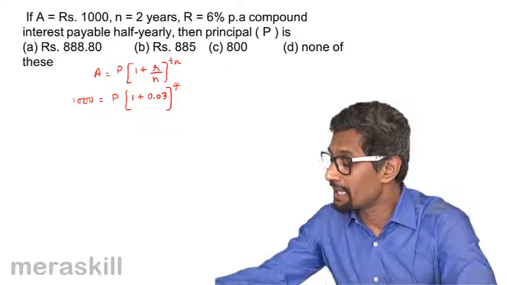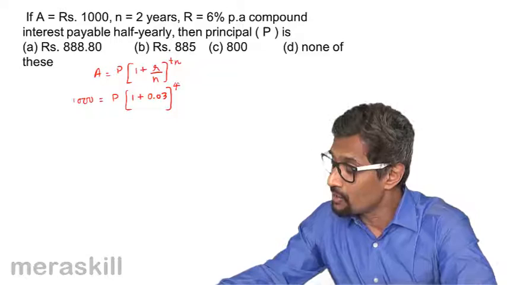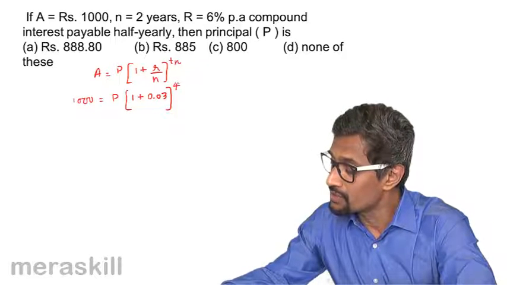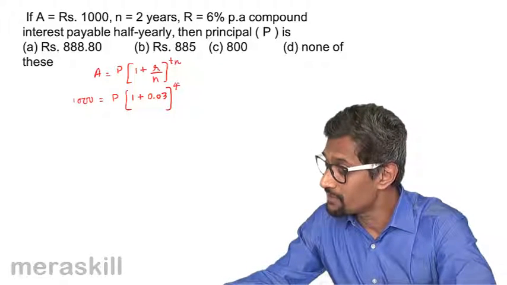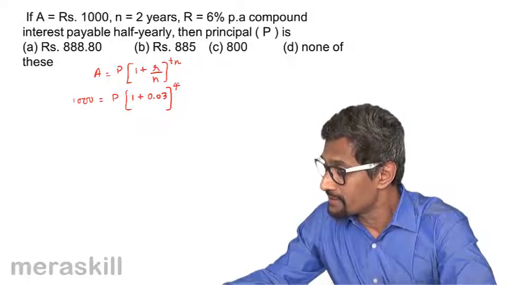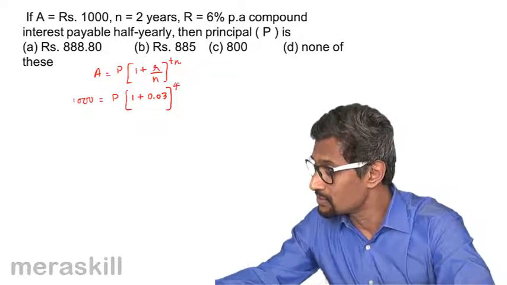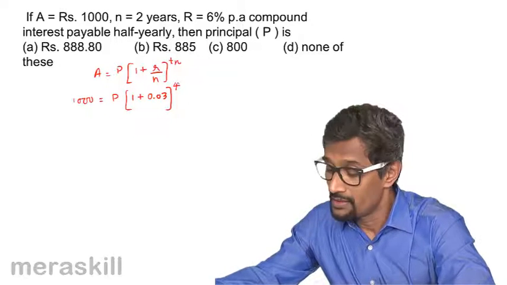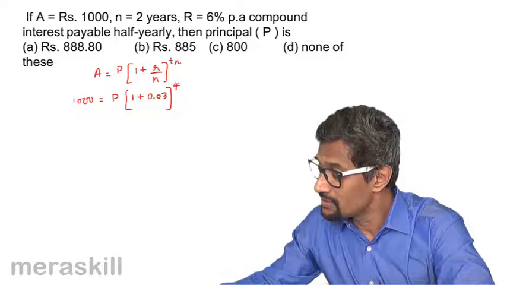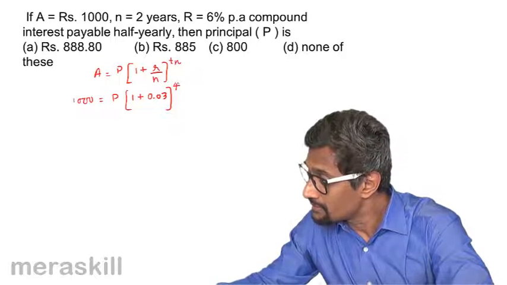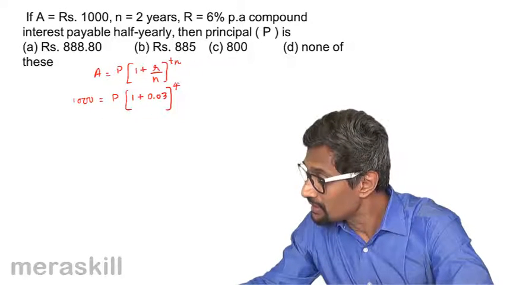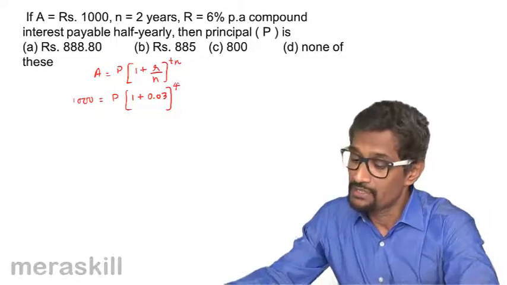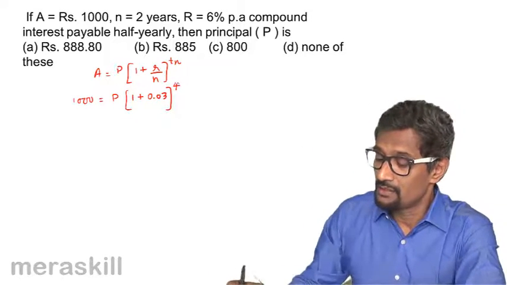So again, we calculate 1.03 multiplied by itself 4 times. So you can keep it in memory. Then we take 1000 divided by memory, equal to 888 approximately.